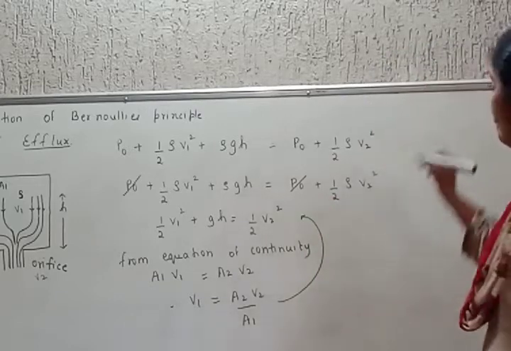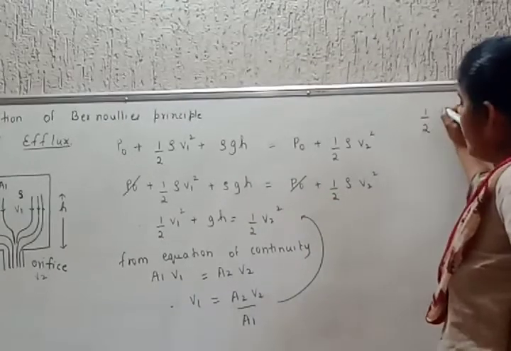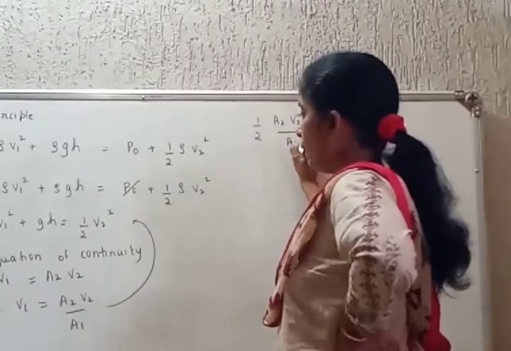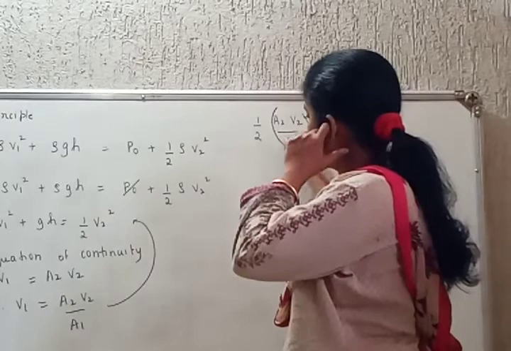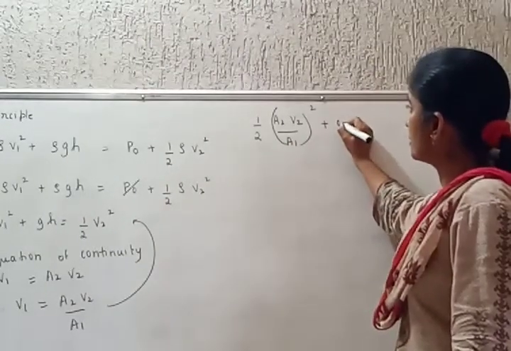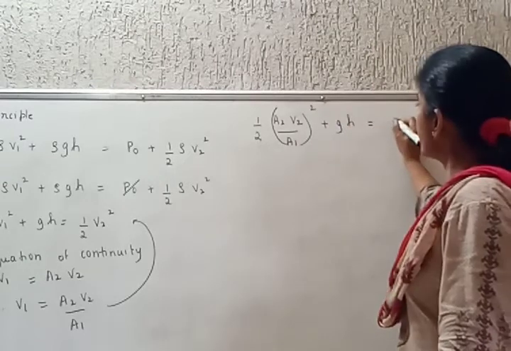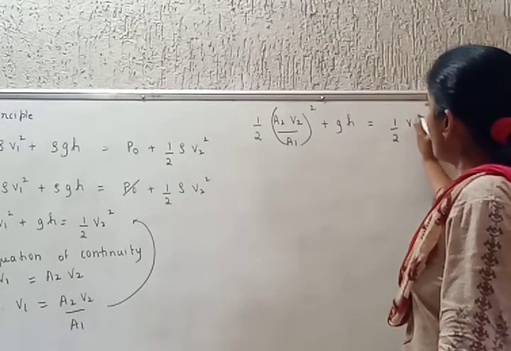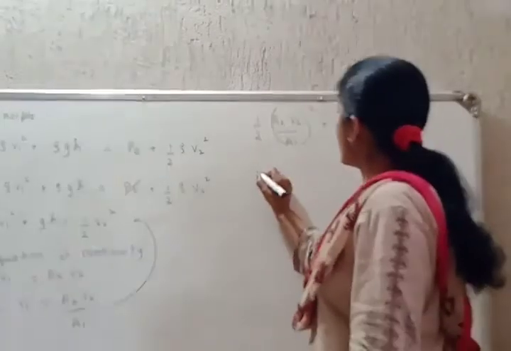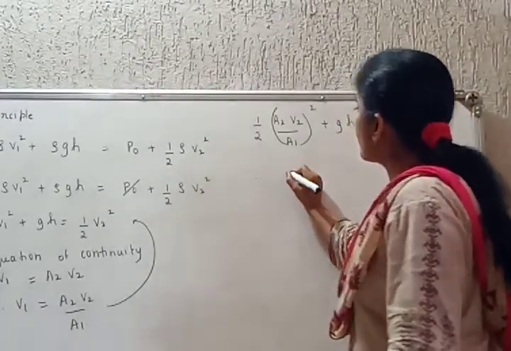What will happen? Therefore half of (A2 V2 upon A1) square plus gh is equal to half V2 square. Are you okay? But what do we get here?